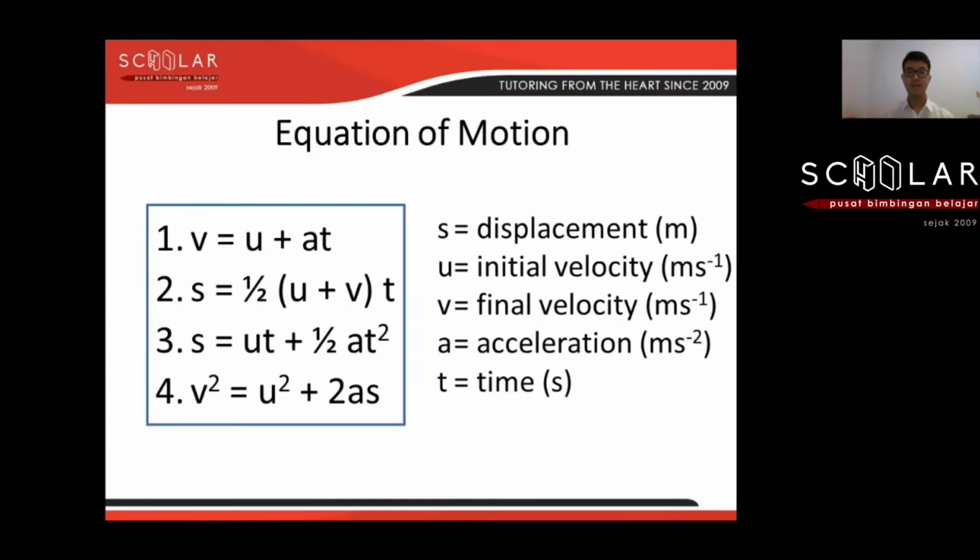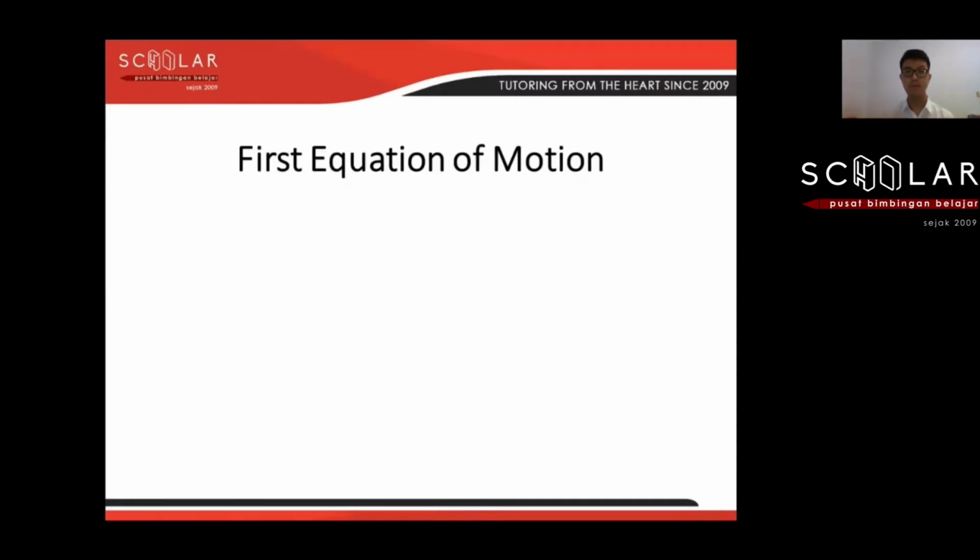Now, let's see how these four equations are derived. First equation of motion, v equal to u plus at, is derived from the definition of acceleration. Acceleration is the rate of change in velocity. Thus, we can get the formula a equal to v minus u over time.